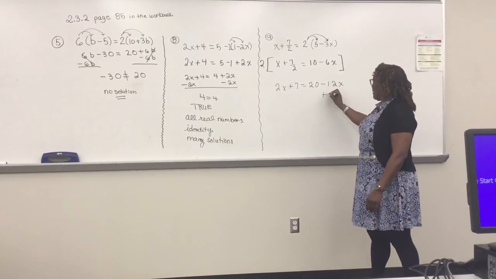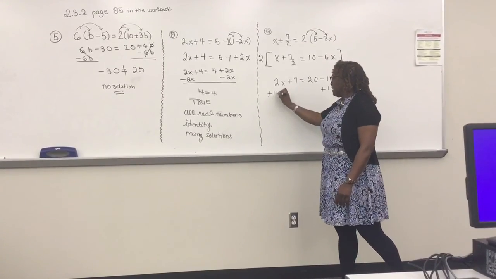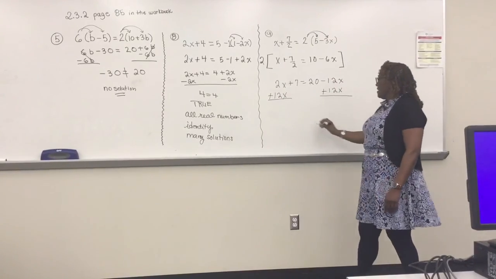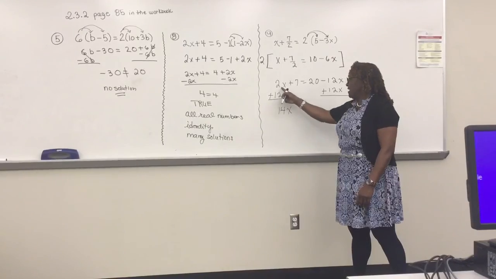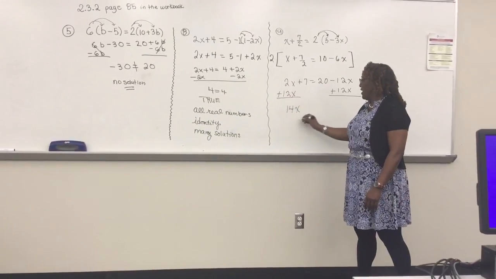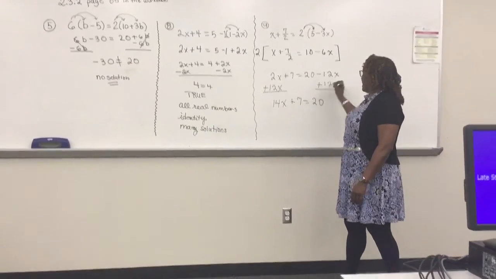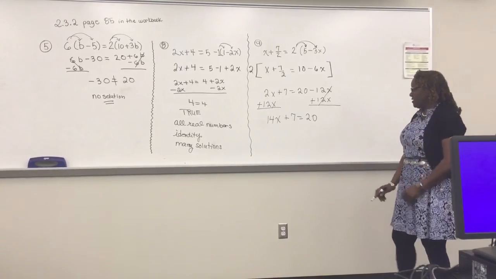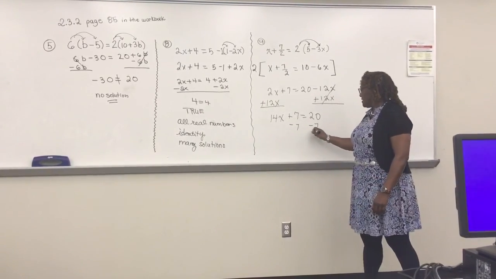And then if we work with our variables on both sides, you add 12x to both sides. So this becomes 14x plus 7 equals 20. This is becoming more and more like a simple linear equation. You subtract 7 from both sides.